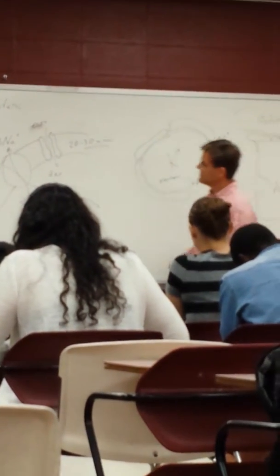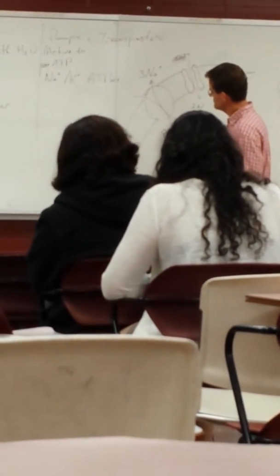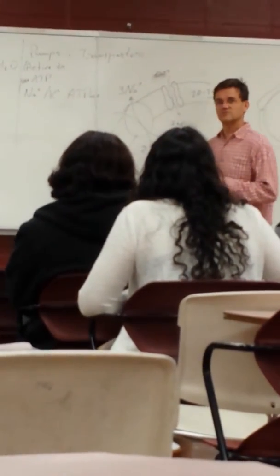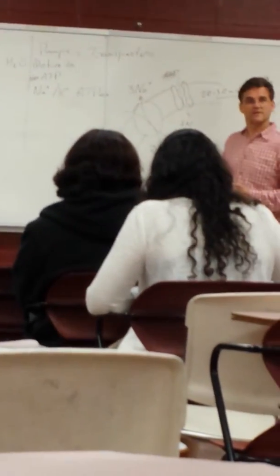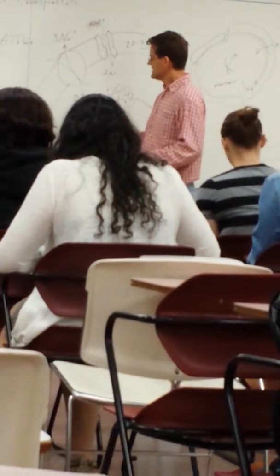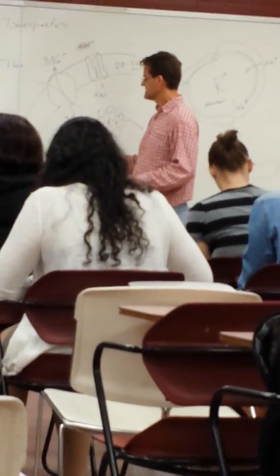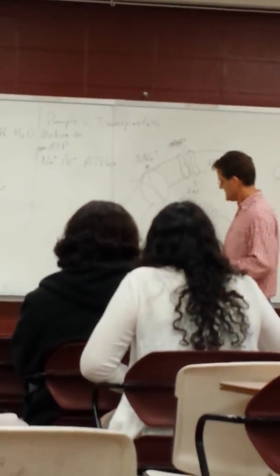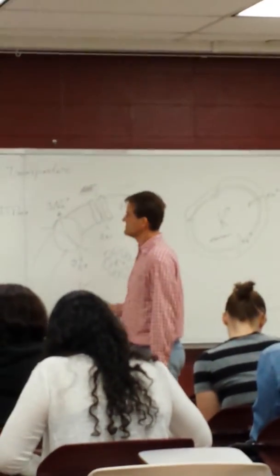But notice that if each one of these ions has a single charge, it also moves charges asymmetrically. It moves more positive charges out, and so basically it leaves one negative charge inside the cell for every ATP molecule that it burns. That's also somewhat important, and we'll see why.